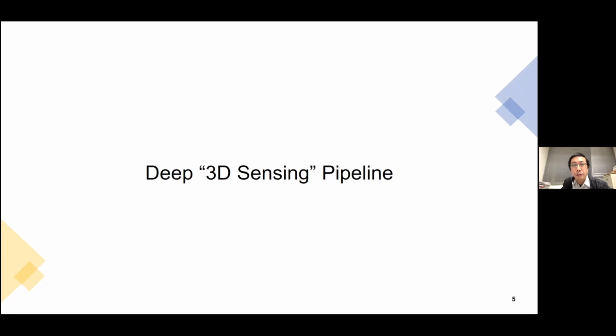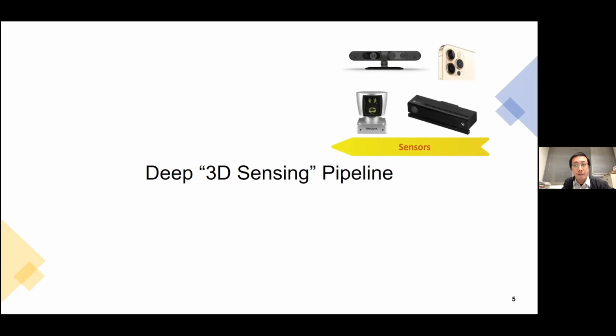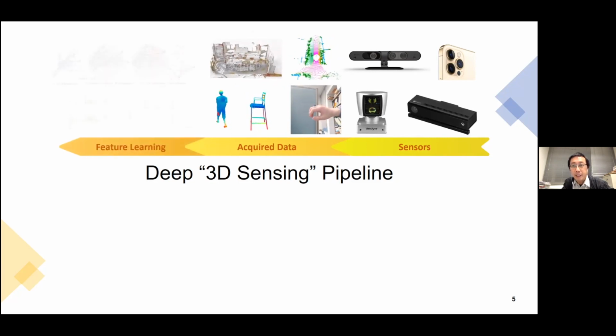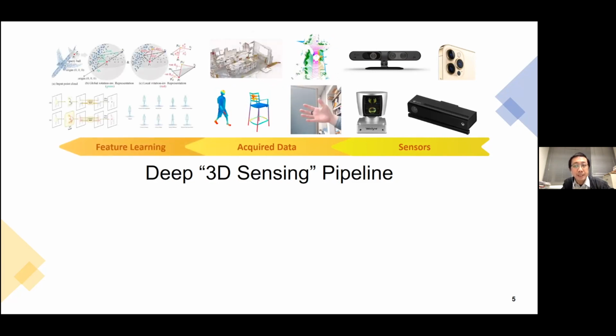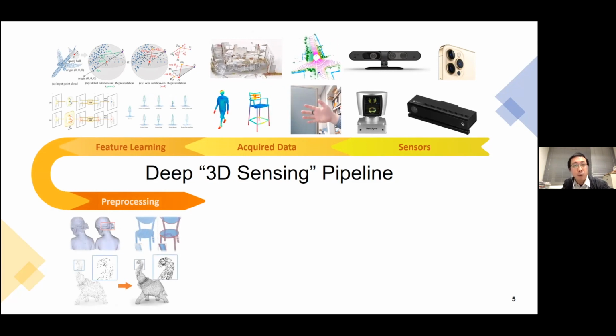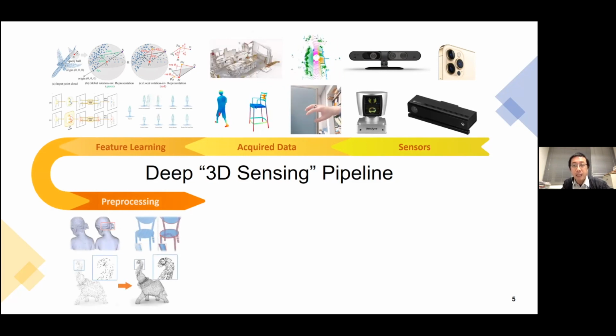Now, let me show you the 3D sensing pipeline. After we acquire the data from the 3D space, I think the very first step is feature learning. It is because most of the 3D sensing and 3D perception methods nowadays are based on deep neural networks. Then we need to preprocess the data, for example, to denoise the data, to upsample the data, or to consolidate the data.